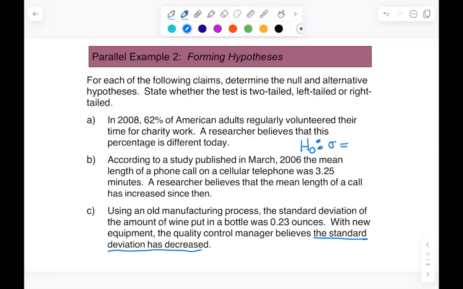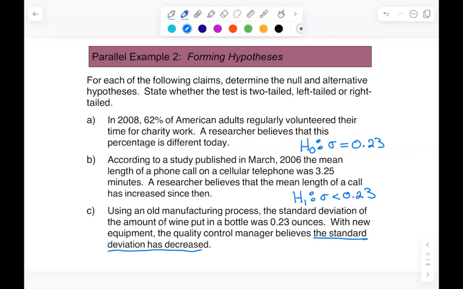We think that equals 0.23. Whatever our previous information was, it stands until we show evidence against it. So my alternative hypothesis is going to be that sigma is less than 0.23, because it says they think it has decreased.